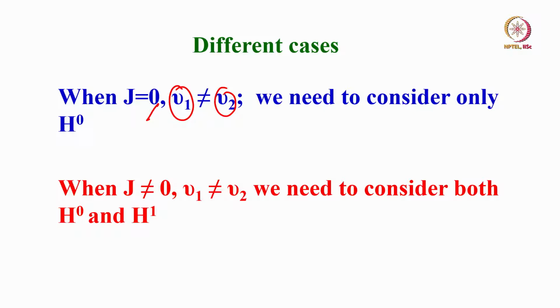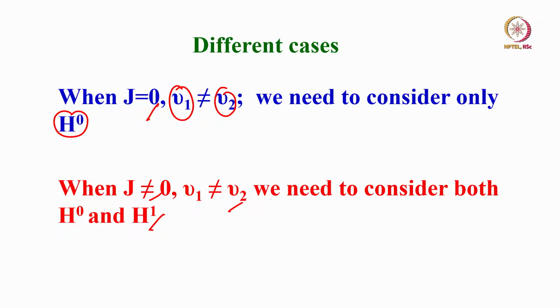So, we need to consider only H0, because H1 we can ignore, there is no coupling. When J is not equal to 0 and nu1 is not equal to nu2, then we have to consider both H0 and H1. Now, we will work out the energy level diagram for both situations.